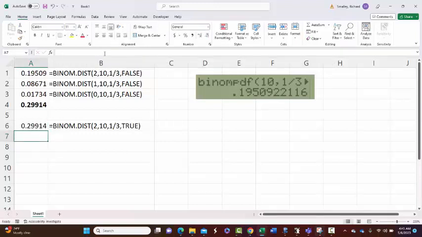You see what happened? That's what I was trying to explain. The difference between the two is the true adds up 2 and 1 and 0 automatically. So I did them individually here with false and then added the individual results, so it's the same thing.